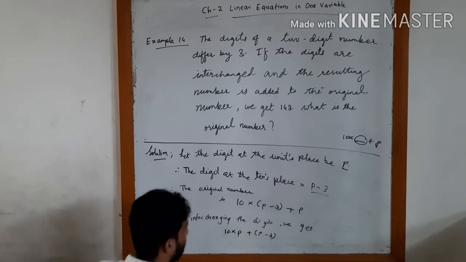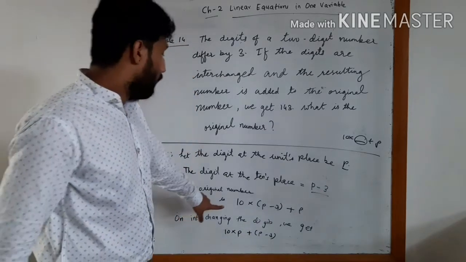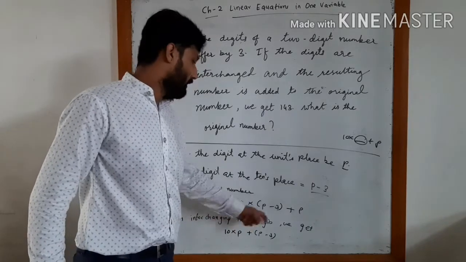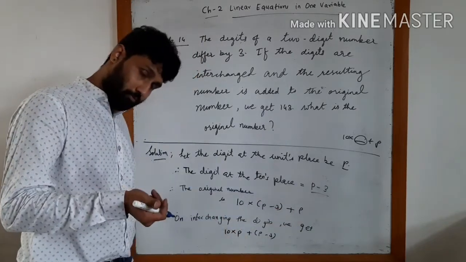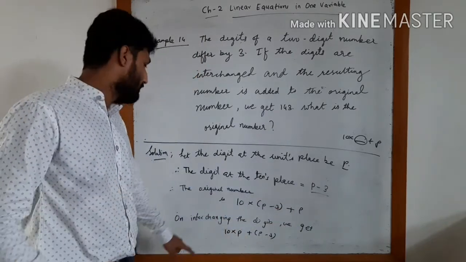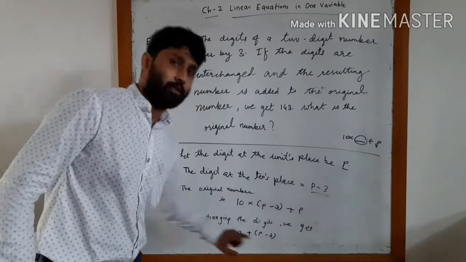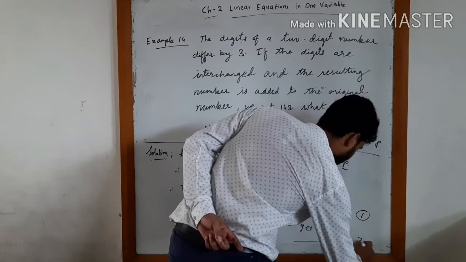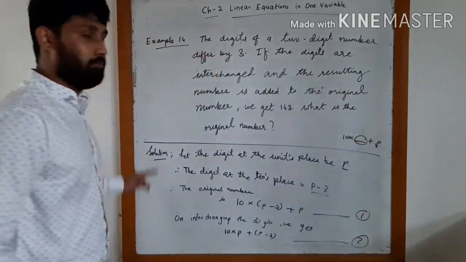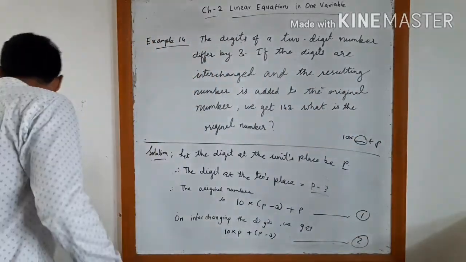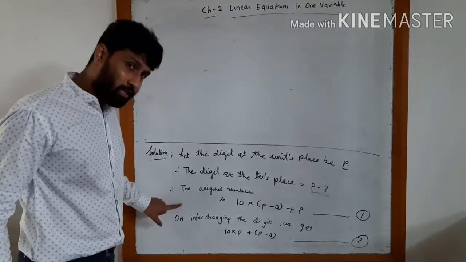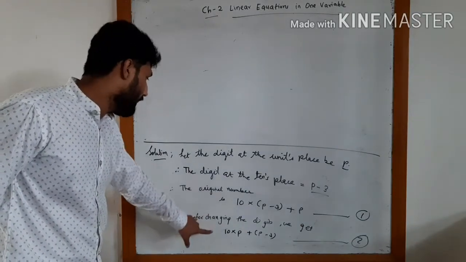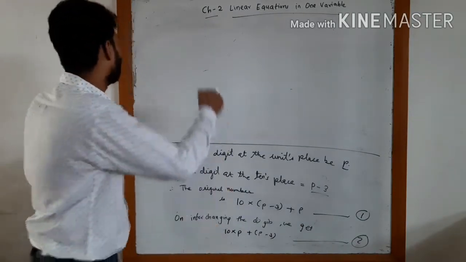The original number is 10 into (P minus 3) plus P. The number with digits interchanged is 10 into P plus (P minus 3). So this is 1 and this is 2. I hope this much is clear. Let's move ahead. But it is given that the sum of 1 and 2 is 143.